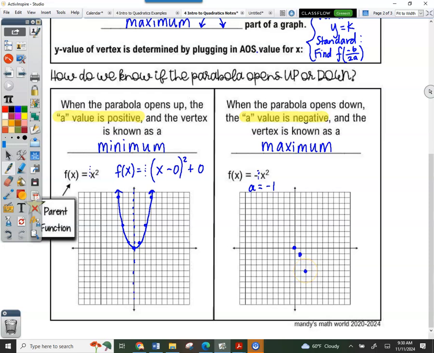But there's a negative 1 in the front. Negative 1 times 9 is negative 9. You can see where the curve now is opening down. To graph it, again, I really only have to graph half of it, and then I mirror image it.